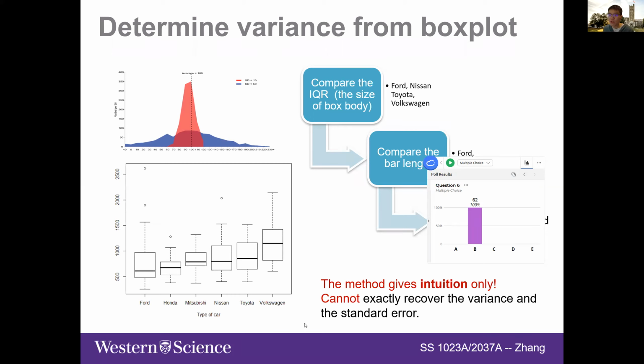The point is that usually a skewed distribution will end up with a larger variance. So you can tell the skewness from either this bar or the edge of this box. From both of these, you can tell the Ford company is skewed much more severely than the Volkswagen, right? Based on that judgment, we would expect Ford to have larger variance.